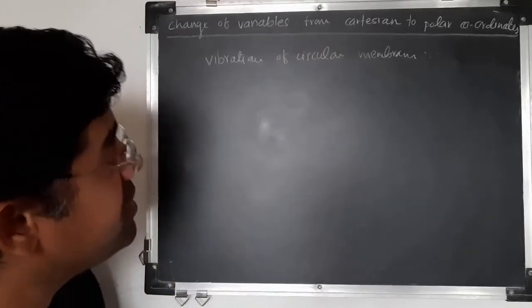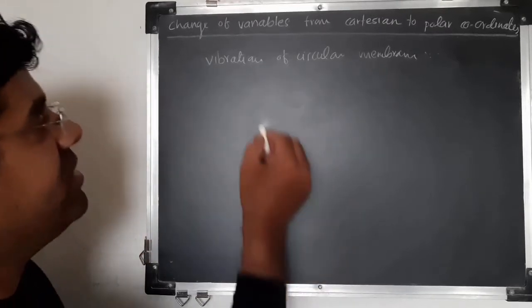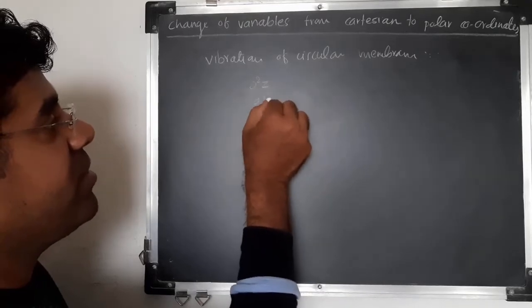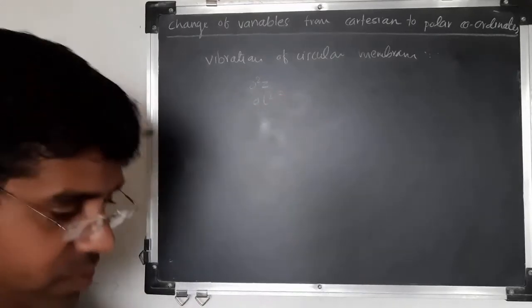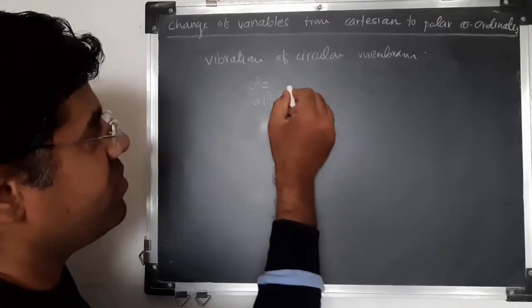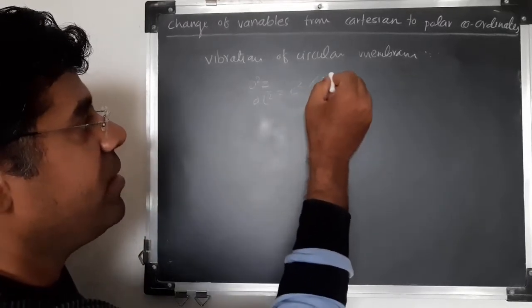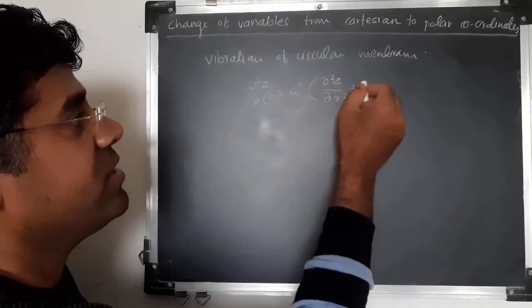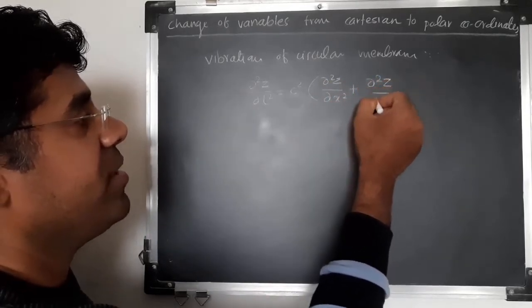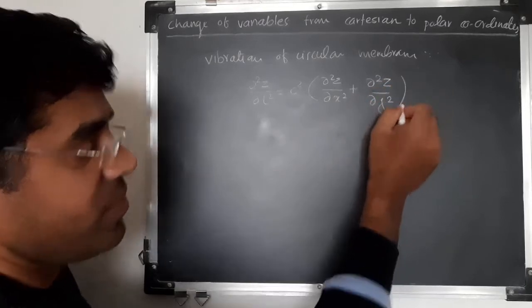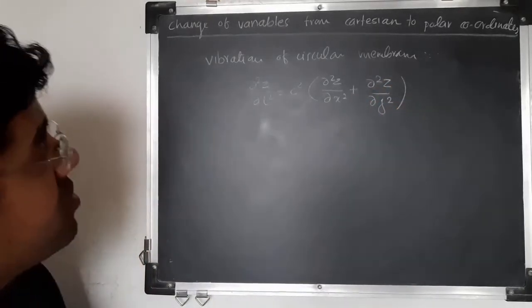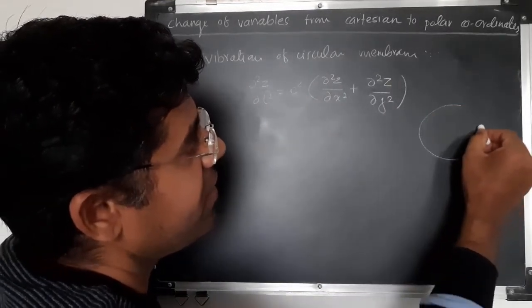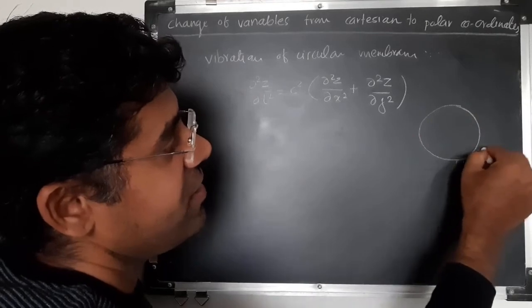In a Cartesian system, we can write the given equation: delta 2 z by delta t square equals c square times delta 2 z by delta x square plus delta 2 z by delta y square. For a circular geometry, this is your circular membrane, and this side is fixed.